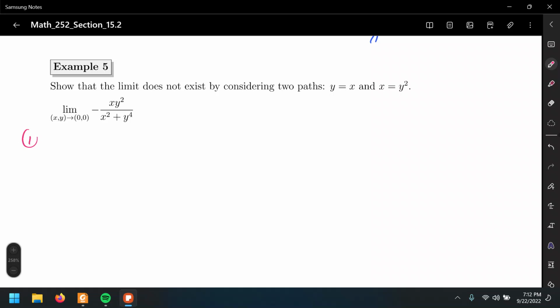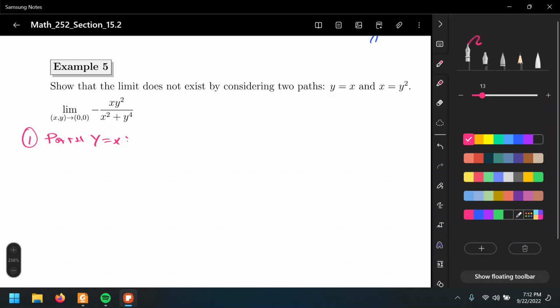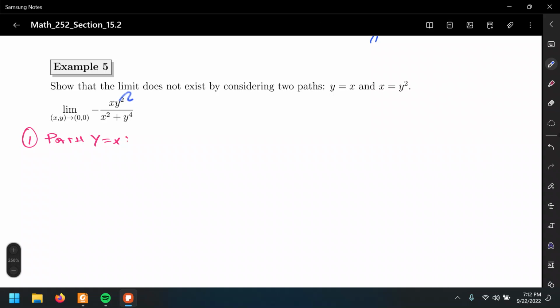So let's do the first part. Let's go and substitute. So number one path. That's y equals x. What are we going to do in this case? Well, wherever you see the y's, replace with x's. So that's limit of negative x times quantity squared, y quantity squared, divided by x squared plus quantity to the fourth.